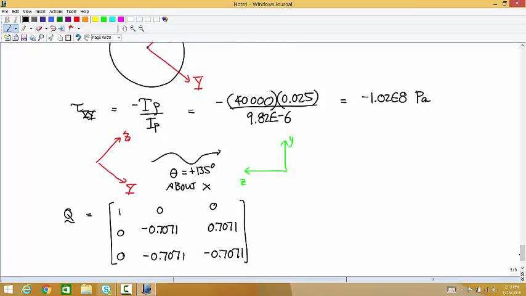I didn't write the stress tensor, but from this value, we know that the capital X, Y, Z stress tensor is 0, negative 1.02 times 10 to the 8th, 0, negative 1.02 times 10 to the 8th, zeros.